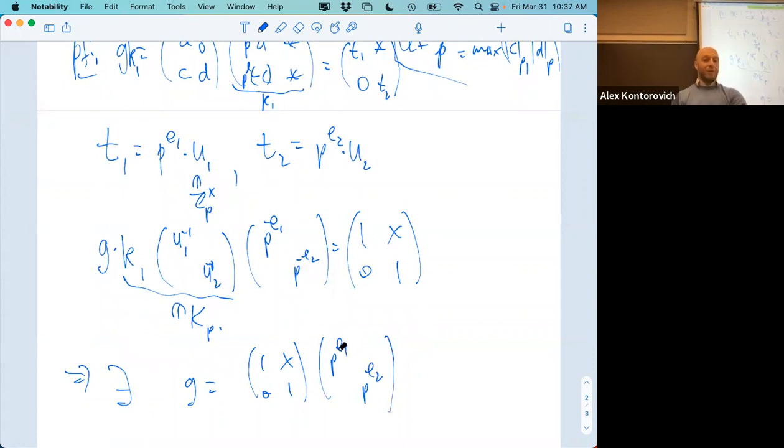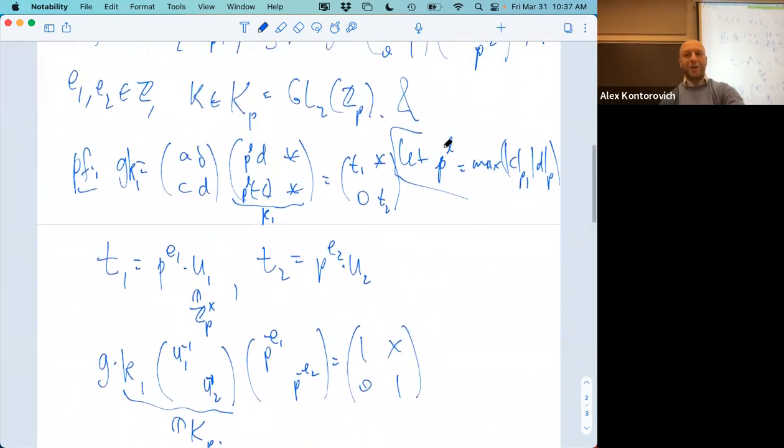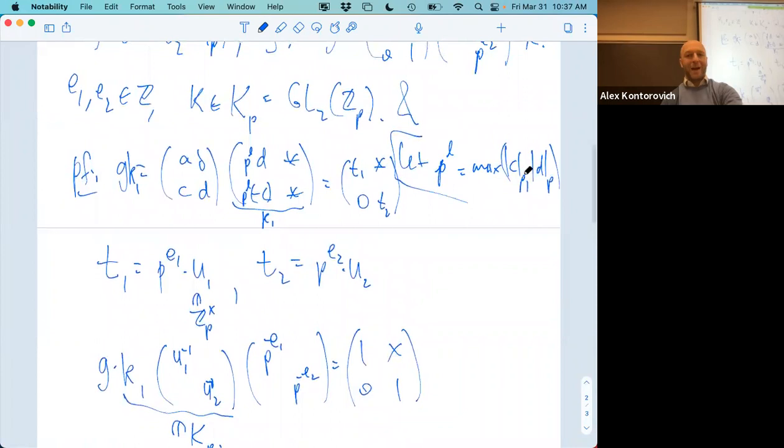These are uniquely determined, because I said, let P to the L be the max of this. Then I multiply here. It's clear that T1 is determined because T1 will be this product plus this product. And hence T2 is also determined because T1 times T2 is the determinant of G.